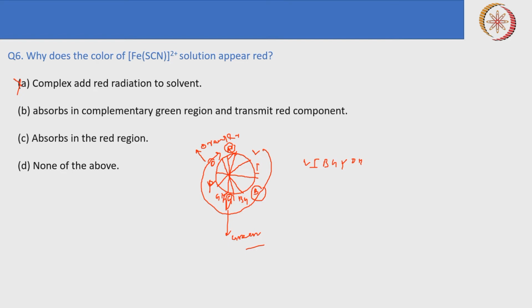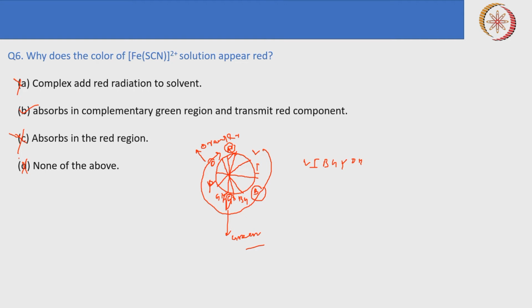So absorbed in the complementary green region and transmitted red component, yeah, that is the answer. So basically the green region color it is absorbing, and the transmitted color is red. So the answer is B. If it is absorbed in the red region, then it will transmit the green color. Okay, so this is not the answer. And none of the above is also not the answer.